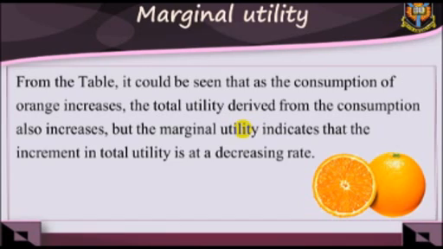The tendency for marginal utility to decline as consumption increases beyond some point is called the law of diminishing marginal utility. In other words, the law of diminishing marginal utility is the tendency for the additional utility gained from consuming an additional unit of a good to diminish as consumption increases beyond a certain point.